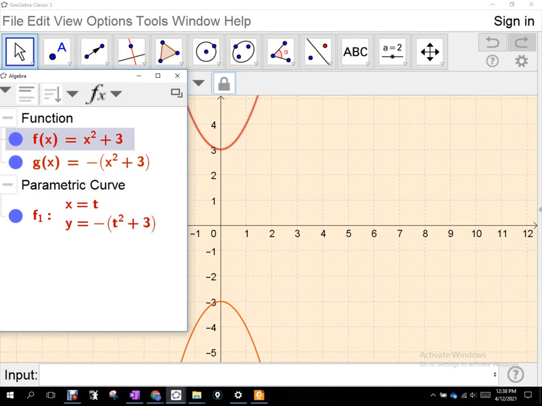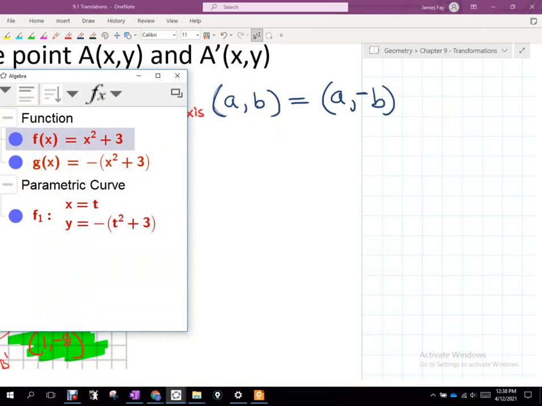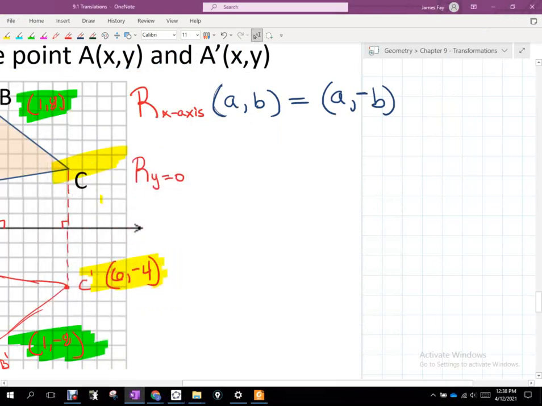This rule generates your y values. And that's what we're seeing here in geometry, is that the rule says your x's stay the same, but you take whatever your y value was and you multiply it by a negative. And that will effectively give you an x-axis reflection.